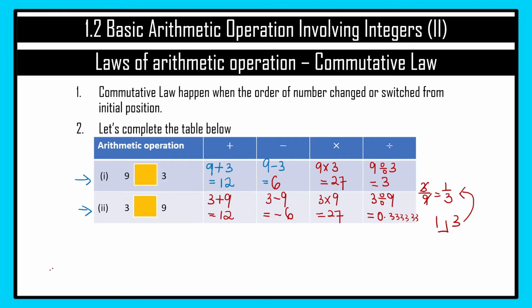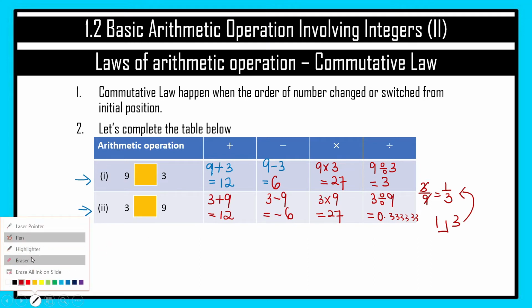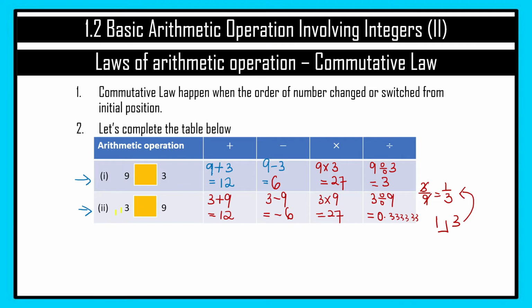From this activity, you notice that the answer for addition and the answer for multiplication both remain the same no matter where the number is. When I switch the position of the number 9 and number 3, I still get the same answer, which is 12 and 27.